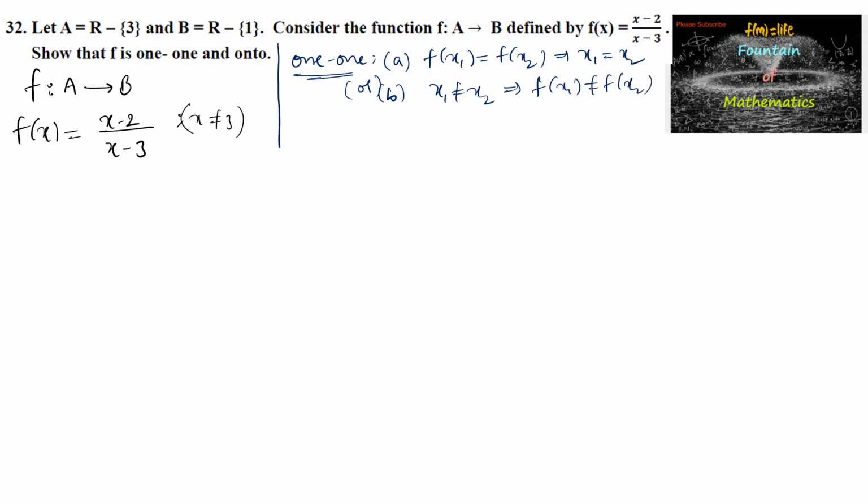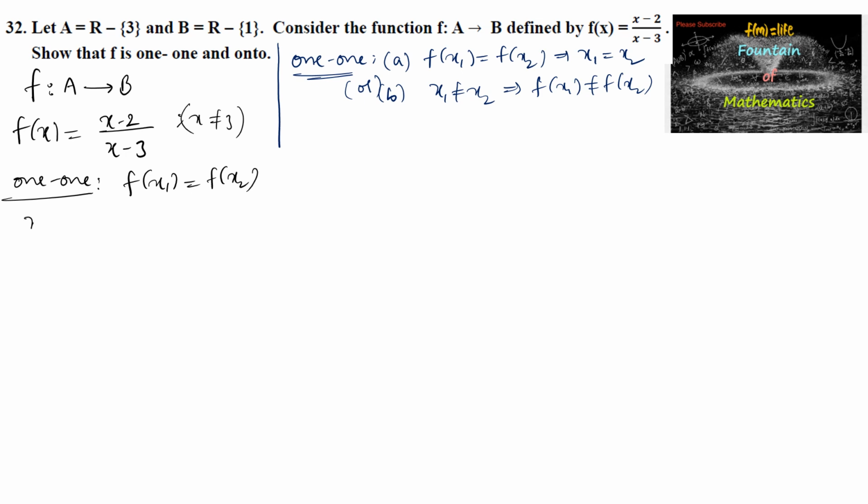So let us consider the first definition, f of x1 is equal to f of x2.